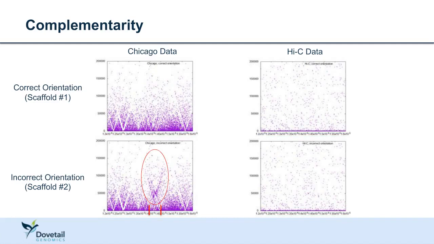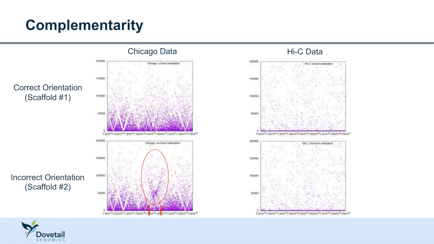What you can see in Chicago is that it can identify this kind of misplacement. Because this is a 50 kilobase pair inversion, you don't see it at a Hi-C level. I'll advance to the next slide so you can see where the breakpoint is. You don't see the same kind of information at a Hi-C level, which means when you go into Hi-C, you have to assume that your input sampling is very good.